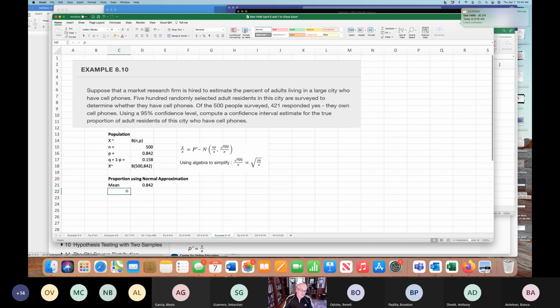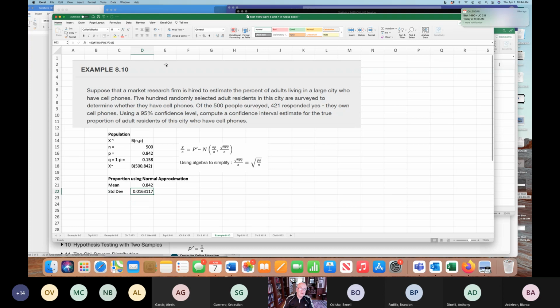What's the standard deviation? Standard deviation is going to be equal to what? The square root of p times q divided by n. All right, so it's going to be that.